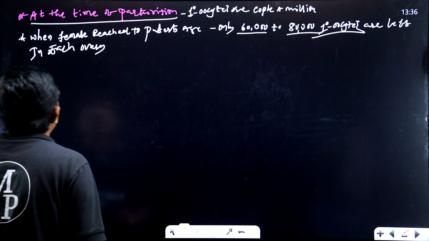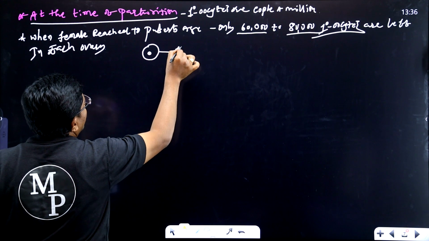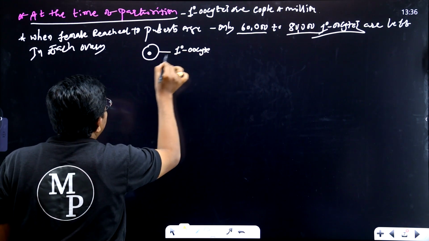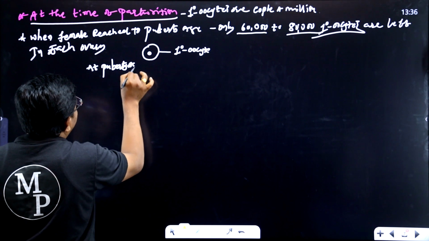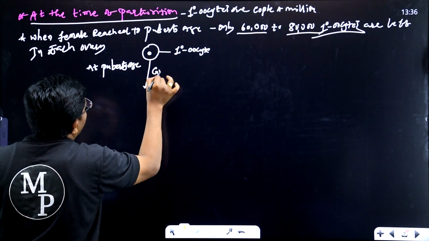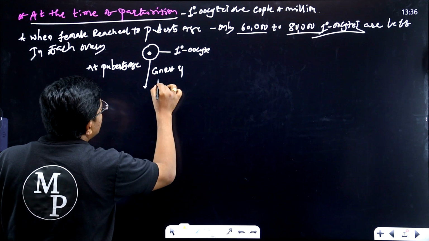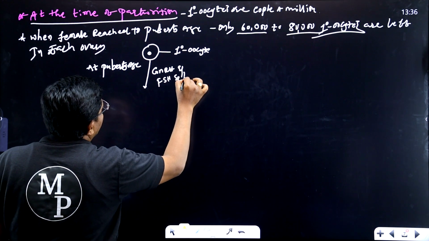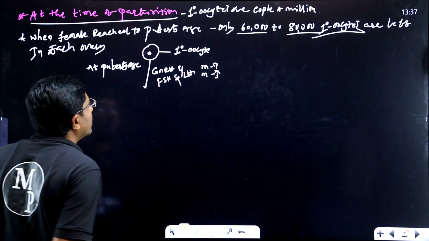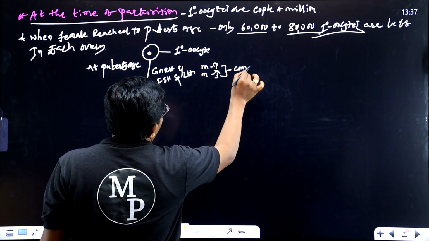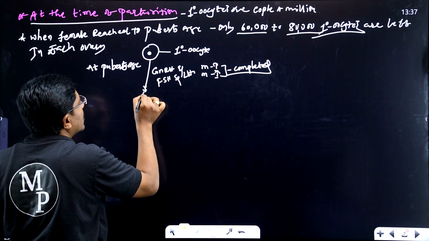When the female reaches puberty age, in the presence of gonadotropin-releasing hormone and gonadotropins, meaning FSH and LH hormones, meiosis 1 and metaphase 1 are completed.